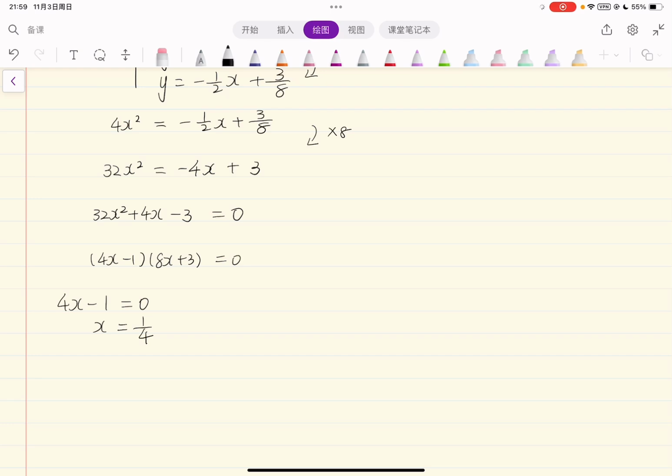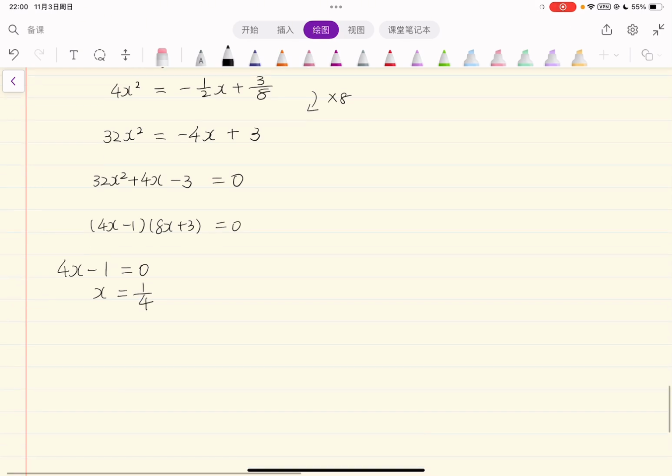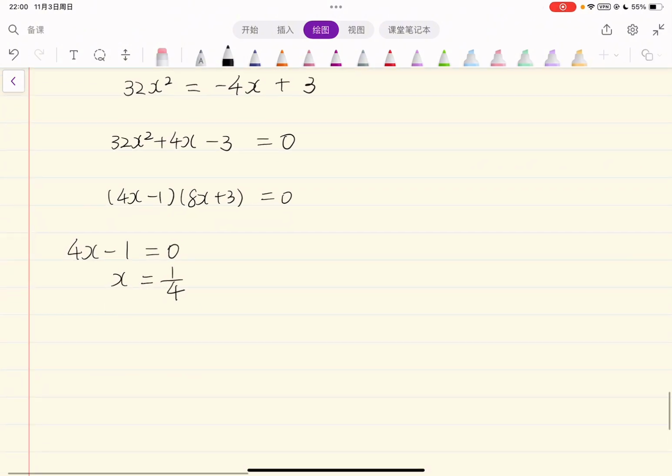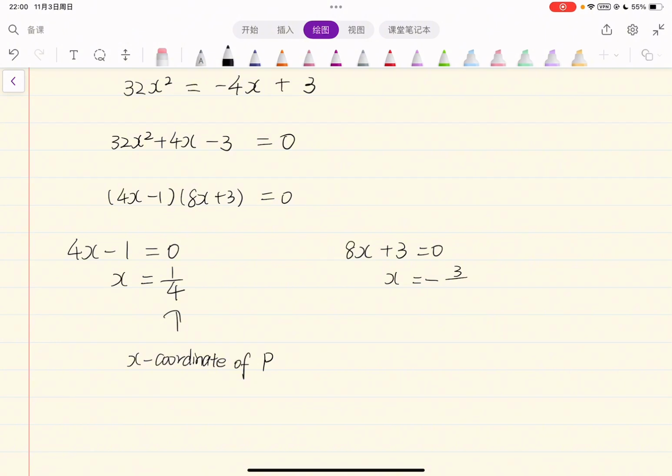Well, the question says that you need to find the coordinates of Q. If x equals 1 over 4, that is the x coordinate of the point P. So we don't use this value of x. Yet we have another solution, that is 8x plus 3 equals 0, so x equals negative 3 over 8.